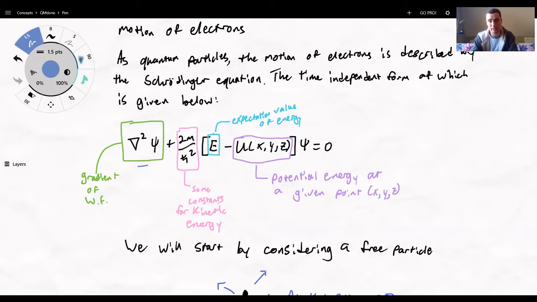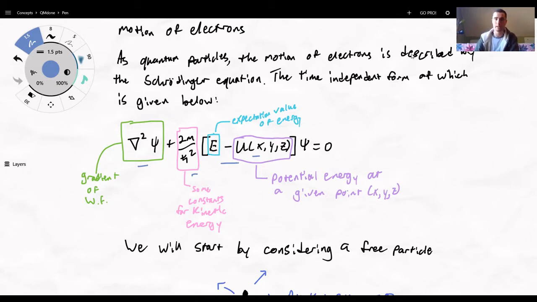We're going to take the gradient of that. We're going to take this box in pink right there, which has some constants in it for kinetic energy, and multiply that by this whole expression here, which has the expectation value of the energy in general, and the potential energy, which is this U of x, y, and z portion here.